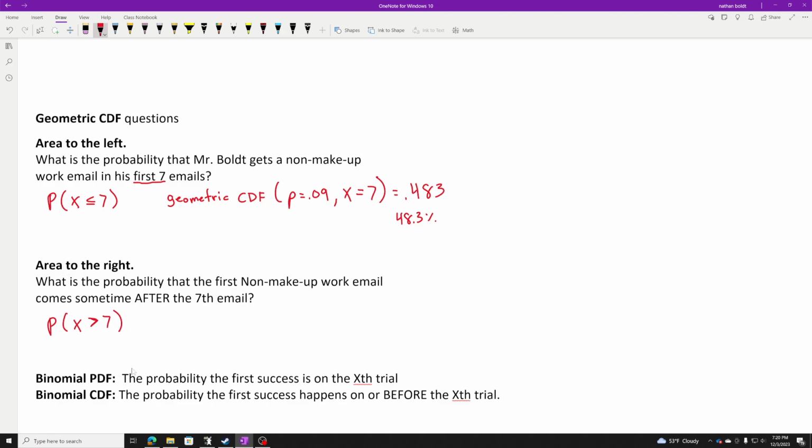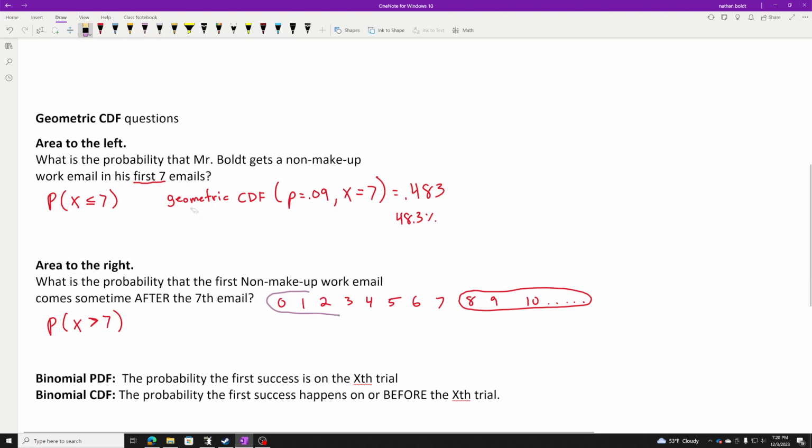So that means I want everything bigger than 7. Again, if you're not sure what to subtract or what to type into the calculator, you have to write out a number line. After the 7th means I want 8, 9, 10, 11, 12, etc., which means I have to subtract off.